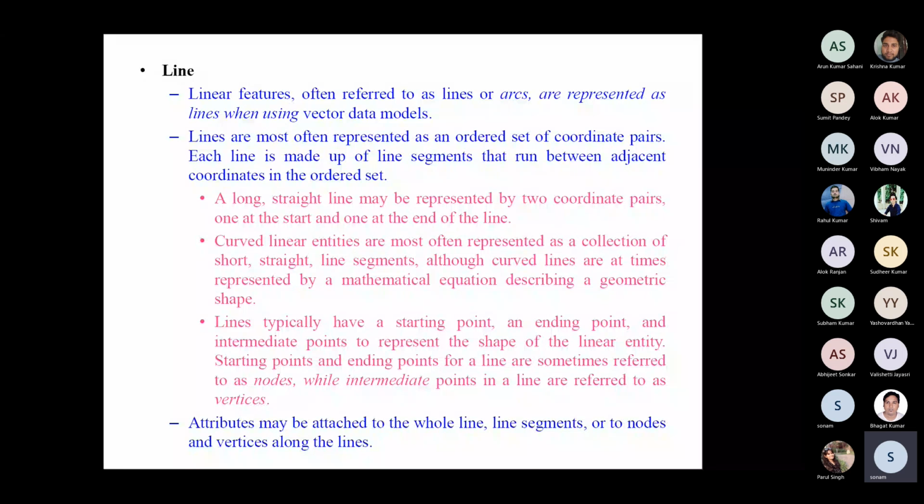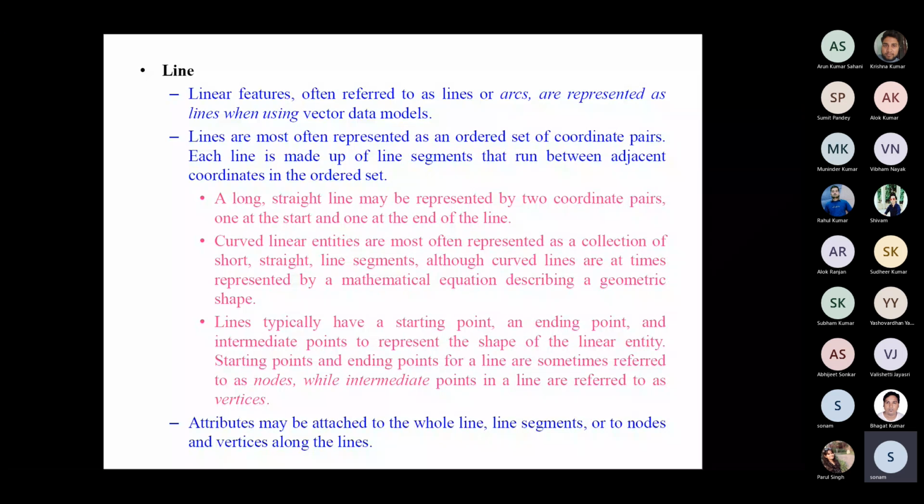So the shape of a line may be a connection of line segments, or it can be a smooth curve, which is defined by a mathematical function. In the literature, you will find different terms for the line, like edges, like arcs. In ArcGIS software, the arc means line.